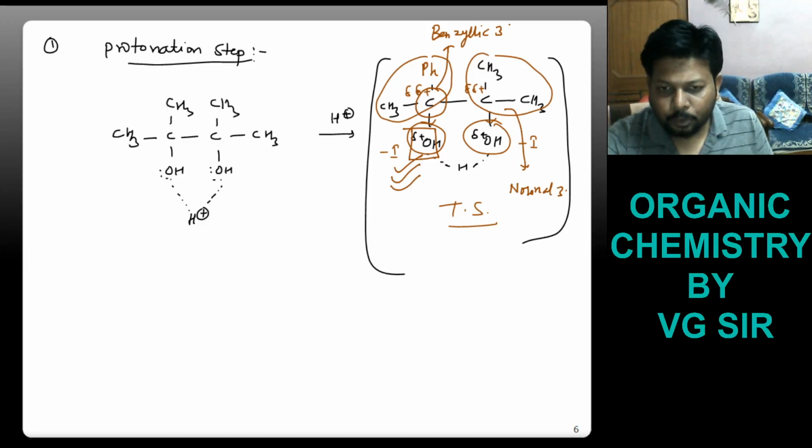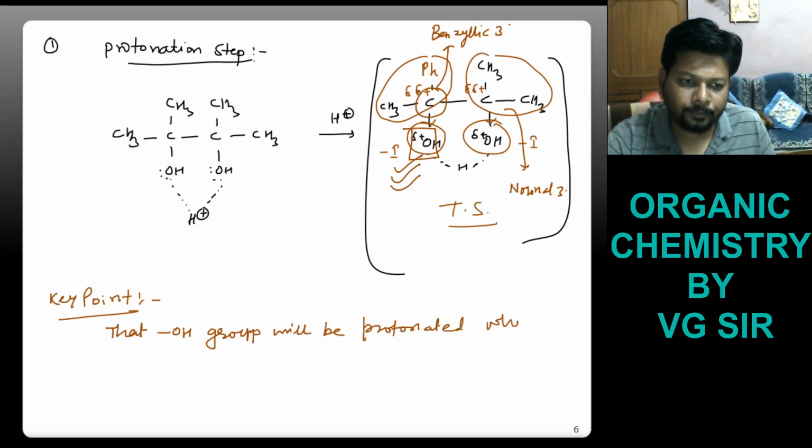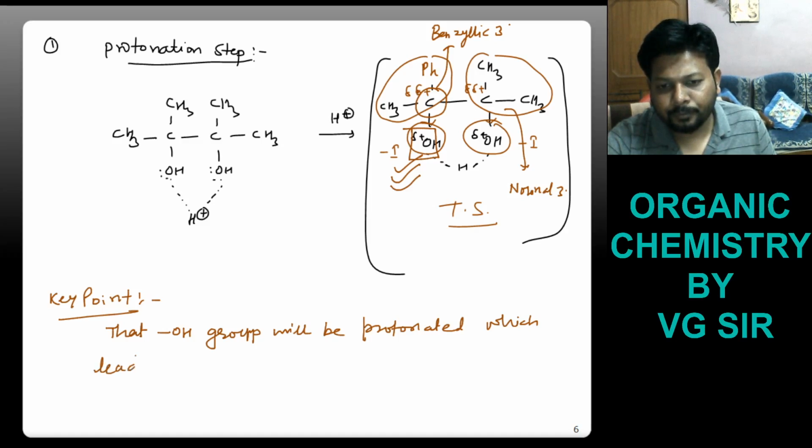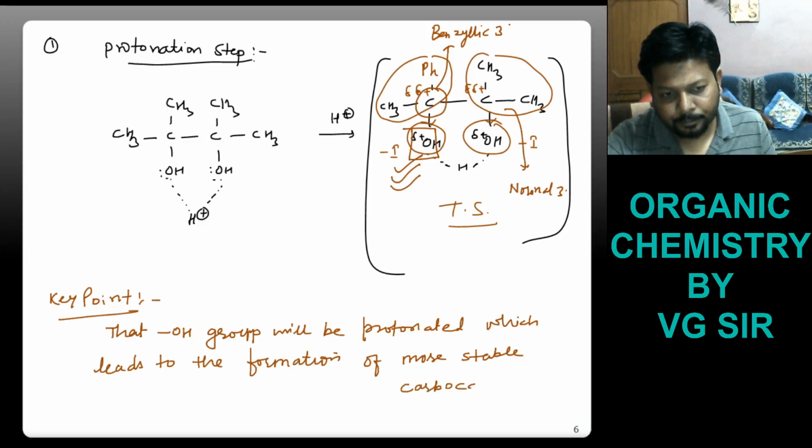So what can be the rule? The first key point of this reaction is that the OH group will be protonated, which leads to the formation of the more stable carbocation.